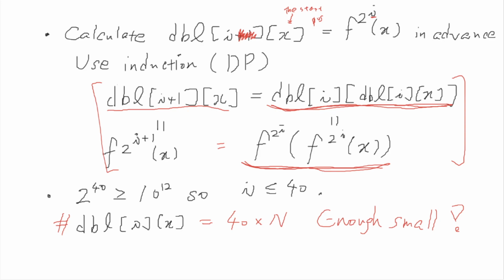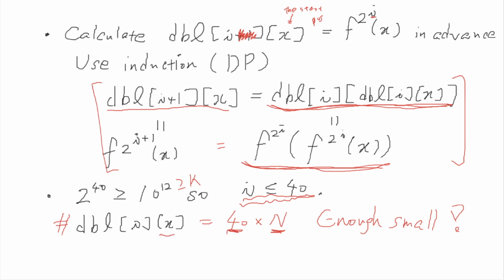And then we notice that 2 to the 40th is greater than 10 to the 12th, which is greater than k. So it's good to think of i as at most 40. So the number of doubling functions we have to think about is 40 times n.